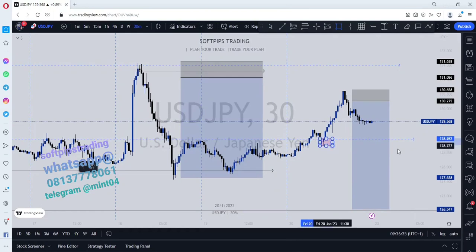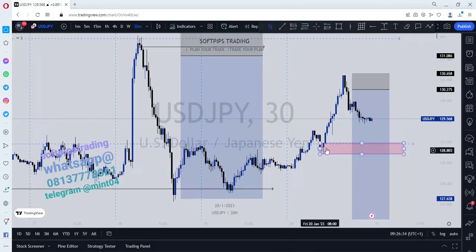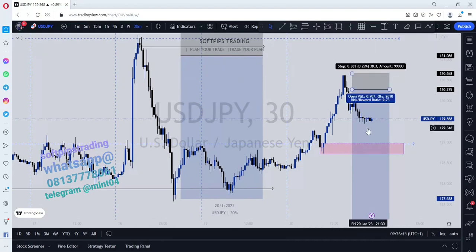This is a quarter point. Might see a scalp buy from here down to this POI, or it just drops, depending on how price opens. So just be flexible with price.